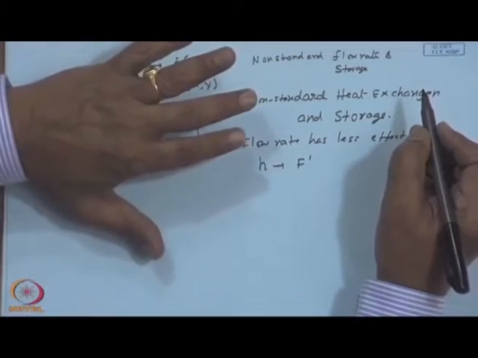So, for flow rates of let us say 2 liters to 4 liters, unless the range changes from laminar to turbulent flow, my heat transfer coefficients are pretty much in the same range.